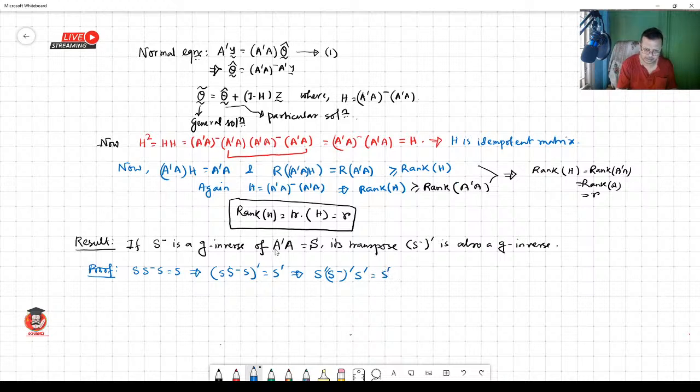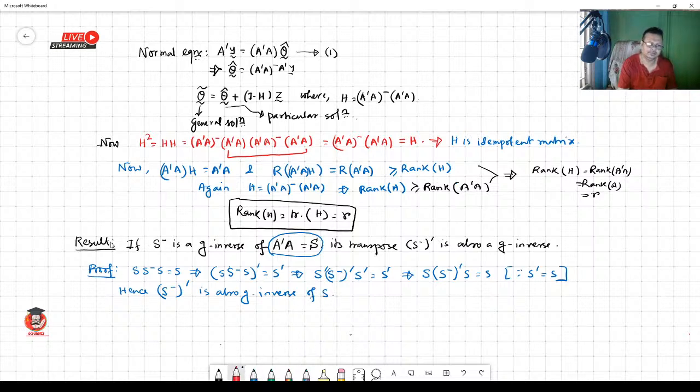Since S is a symmetric matrix, because S is equal to A prime A, so it is obvious that S is a symmetric matrix. So S prime equal to S, hence (S G inverse) prime is also a G inverse of S. This is result 1.